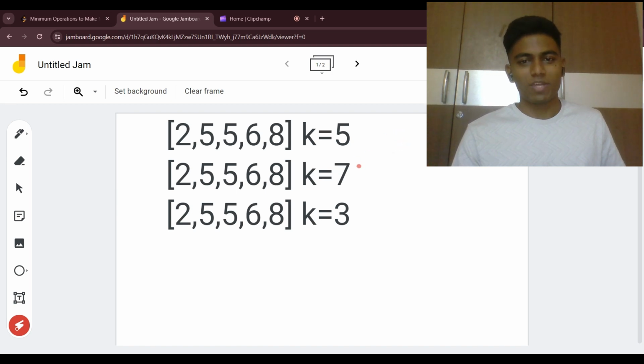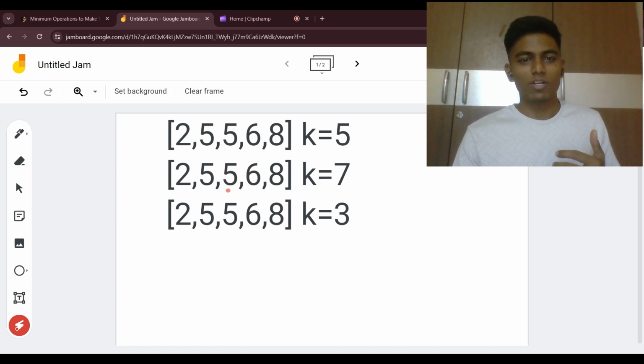There can be another case where k is greater than the median, which is 5. For this case, we only need to take care of the elements on the right of the median. Suppose we increase this element to 7, and then this one again to 7, so this becomes 7 and then 7. Why should we increase to 7? This is going to be the median, and if I don't increase this 6, then 6 becomes the median.